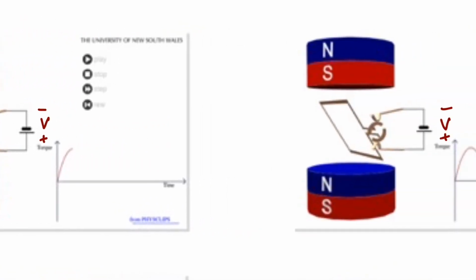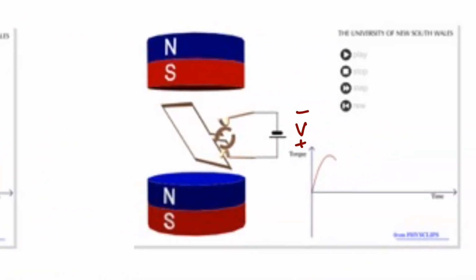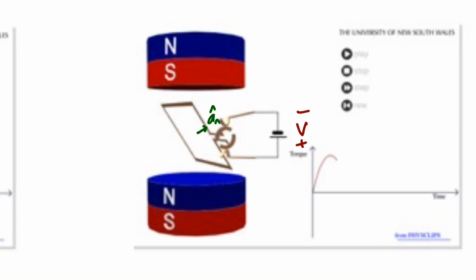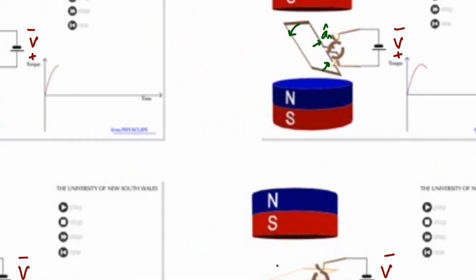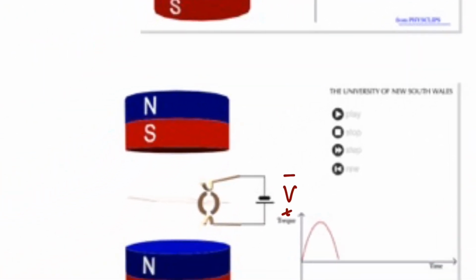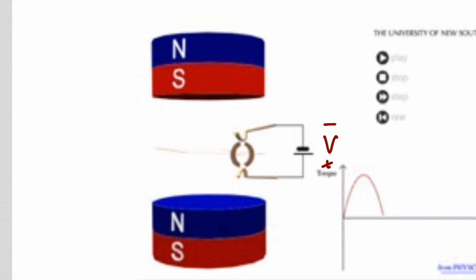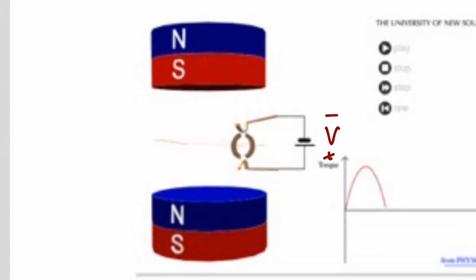So this next screenshot is after it has rotated a little bit. So there's still a torque and it'll still keep rotating. And when it has rotated to this position, if there was still a current flowing, there would not be a torque because the magnetic dipole moment would be in the same direction as the magnetic flux density.